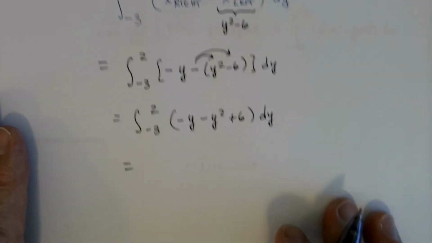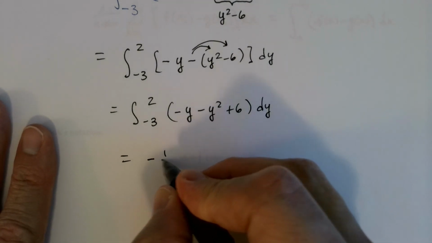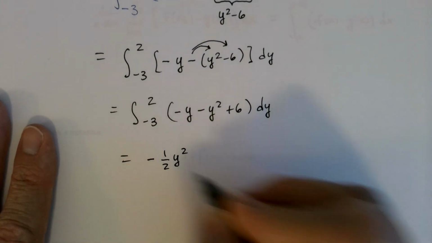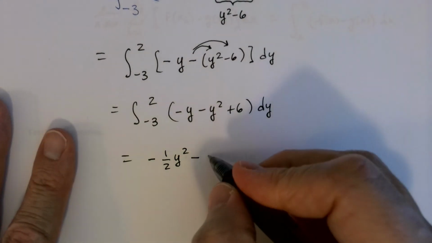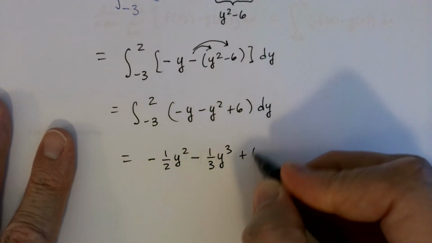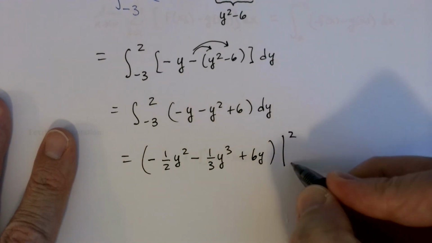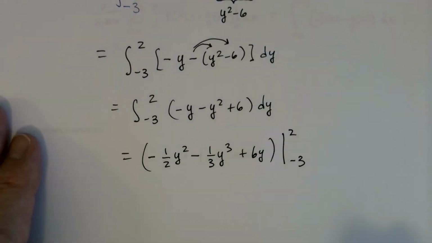And this is pretty easy now to evaluate. One integral to do, the antiderivative of y is 1/2 y squared, so that's negative 1/2 y squared. The antiderivative of y squared is 1/3 y cubed, and the antiderivative of 6 is 6y. And I'm evaluating this at the upper limit of 2 and the lower limit of negative 3 and subtracting.